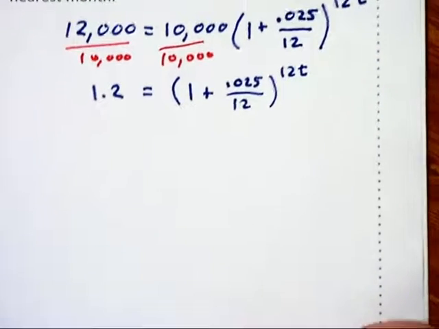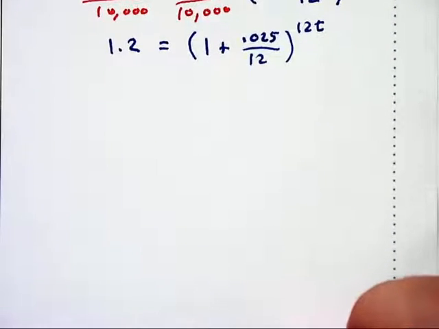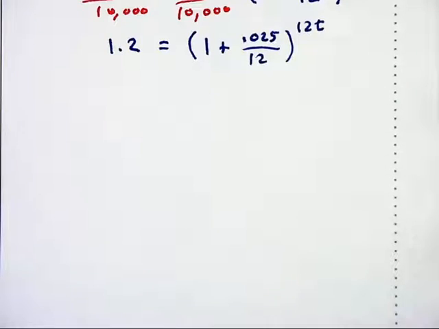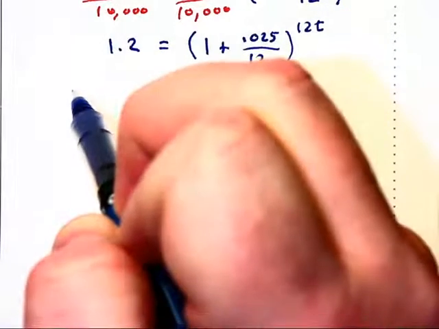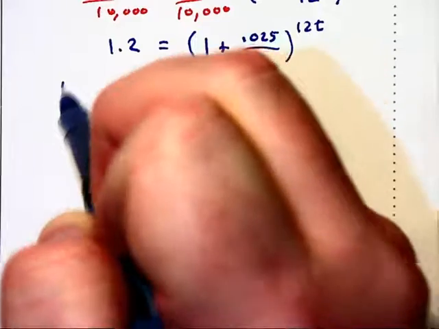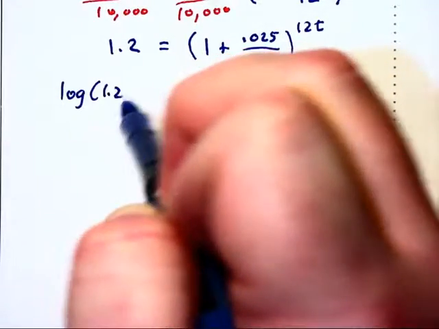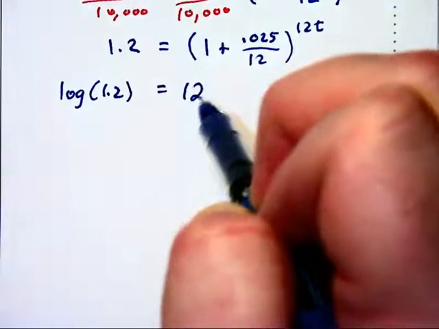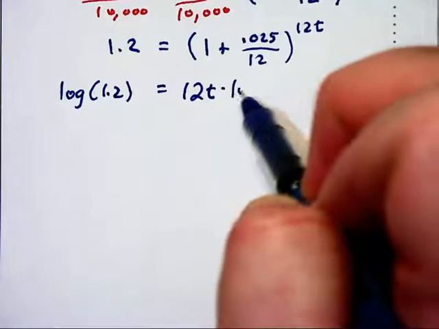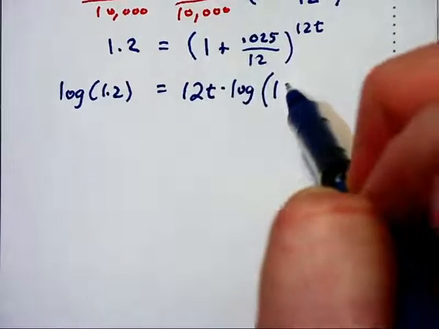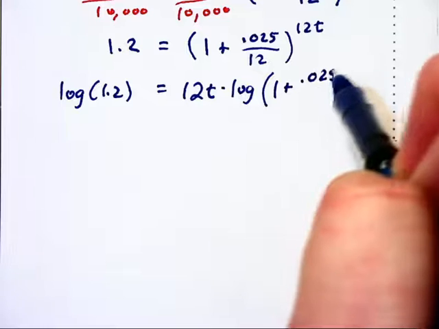The way to get that t out of the exponent position is to take the log or the natural log of each side. We will have the log of 1.2 is equal to the 12t that comes down times the log of what is in the parentheses there. No change inside.